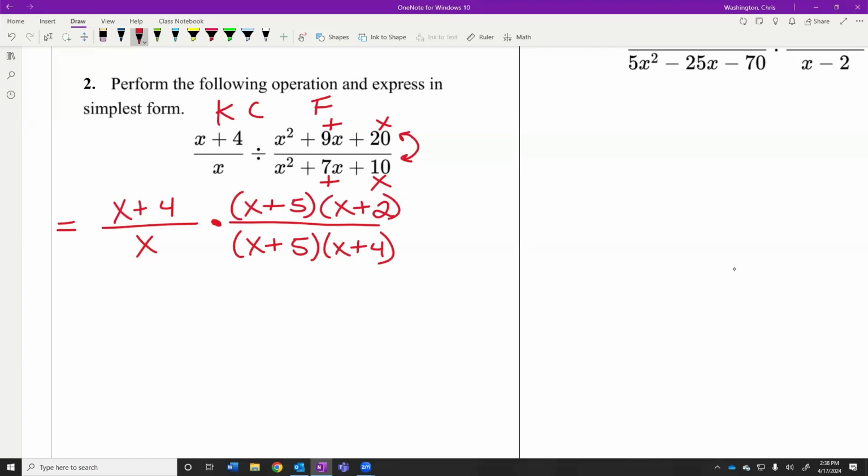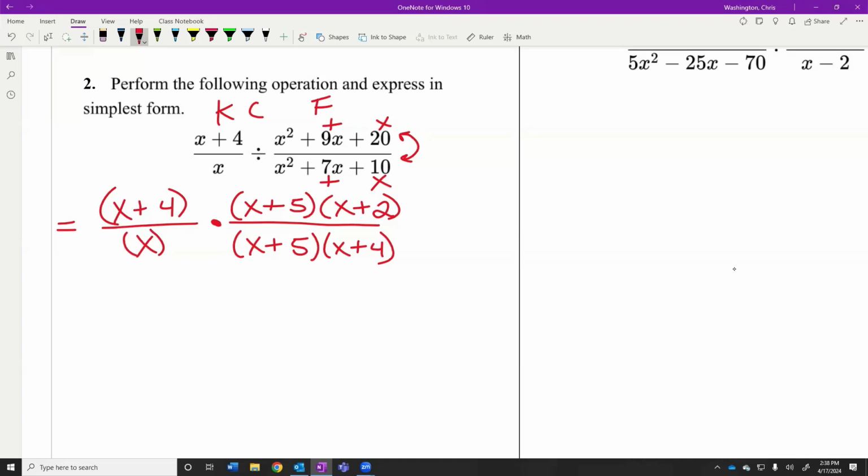We talked about those invisible parentheses earlier. Like this x, here's what you might want to try to do, and it's not good. You see an x and an x, you might want to try to cancel those out. That's a no-go. Why is that a no-go? Because the x on top is a term, and you can't cancel terms. But what might help, what if I put parentheses around the x plus 4 and the x? Now if I cancel the x, I have to cancel the x plus 4.